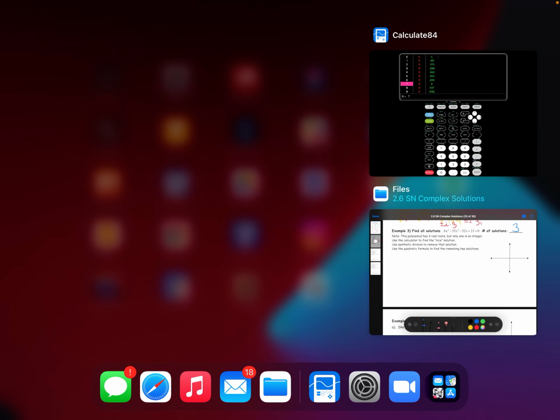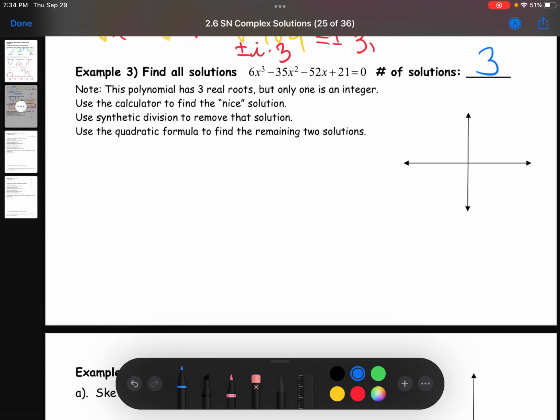So at x equals 7, we have a root. So the only nice root is over here at x equals 7. Okay, we do have 3 real roots. We could see all 3 of them on the graph, but the only nice solution is at x equals 7.